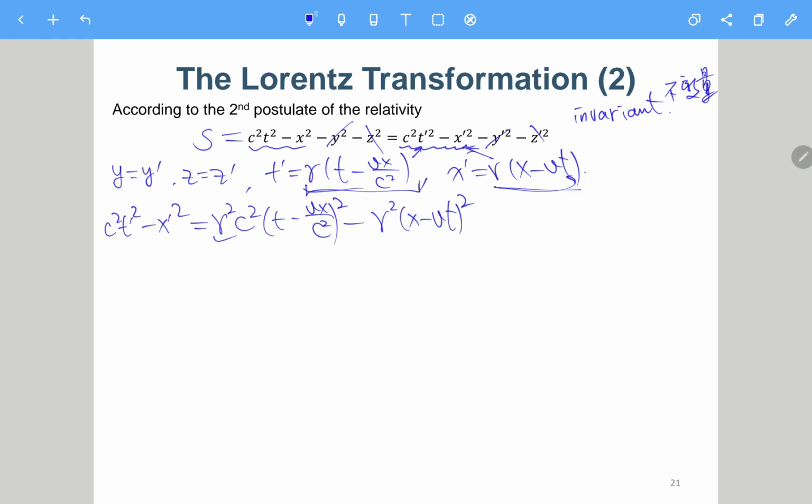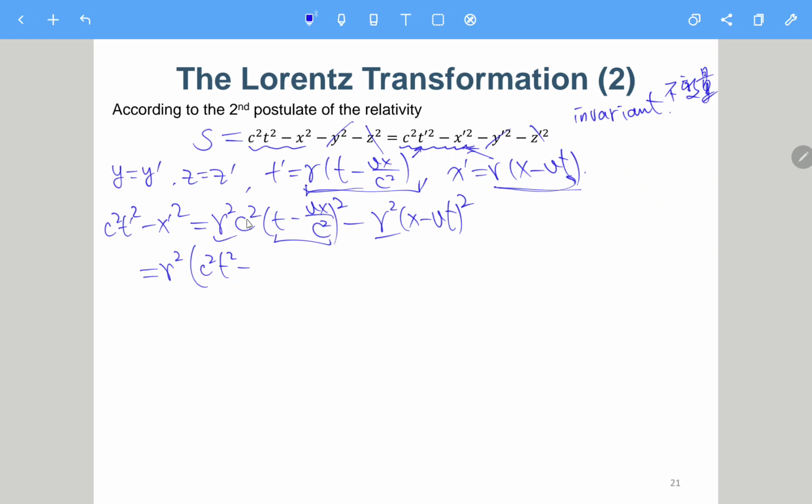Okay, so here gamma squared can be factored out. Then a minus b squared will be a squared minus 2ab plus b squared. So we have c squared t squared minus 2 times this one times this one.